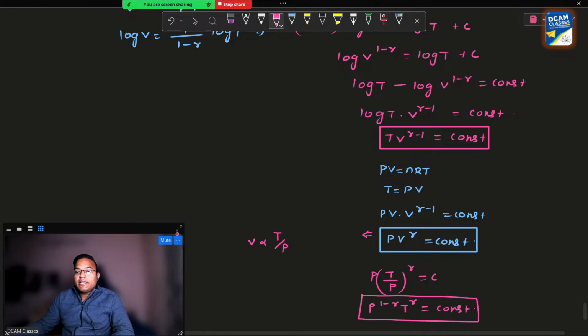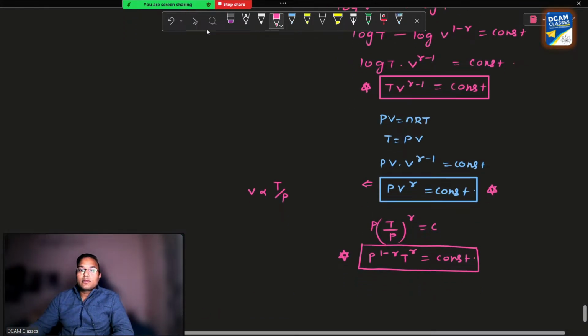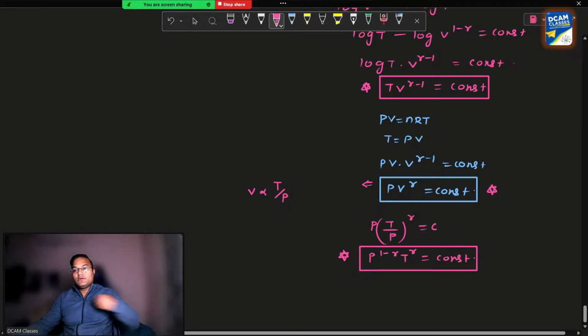These three relations, actually I don't recommend anyone to remember all the three relations. Any one you can remember which is easier for you. The easiest one for the students is PV power gamma is equal to constant.